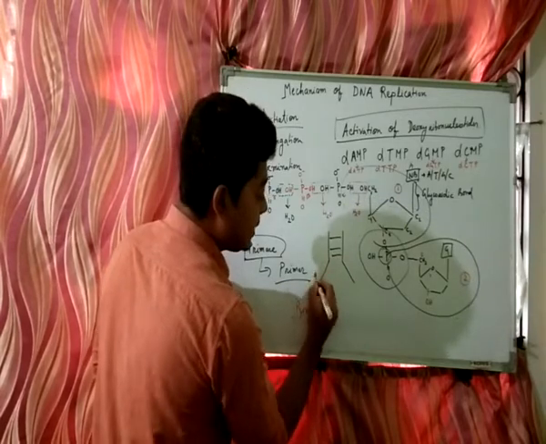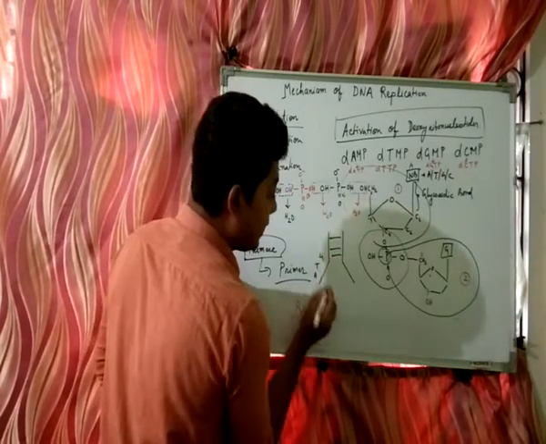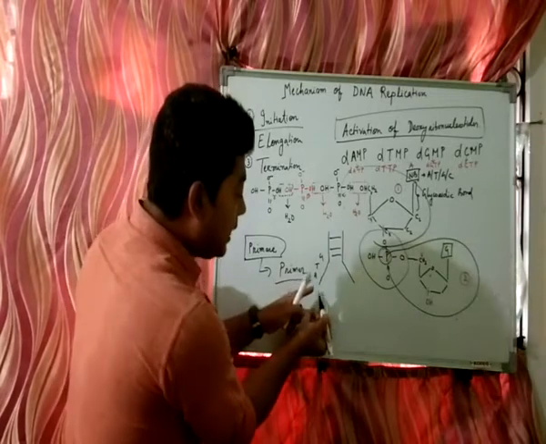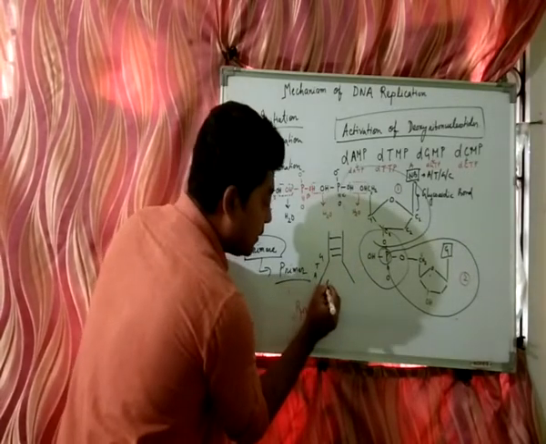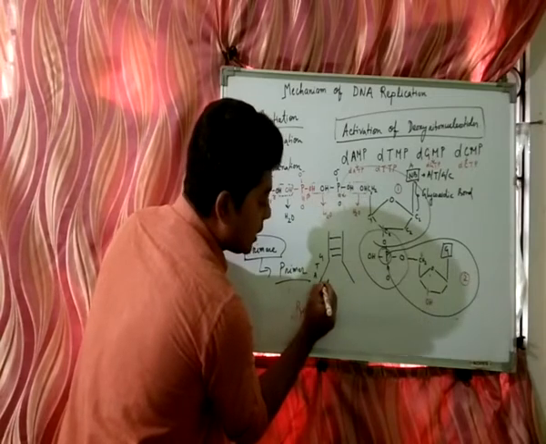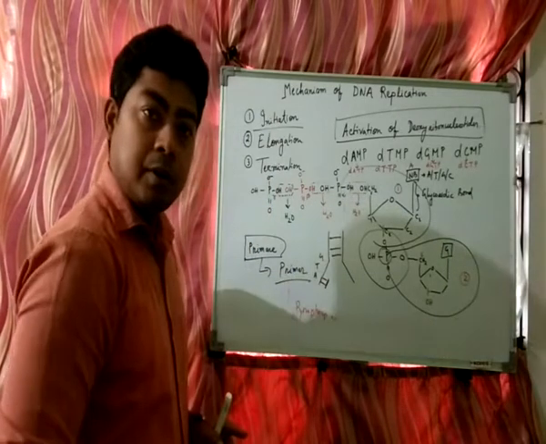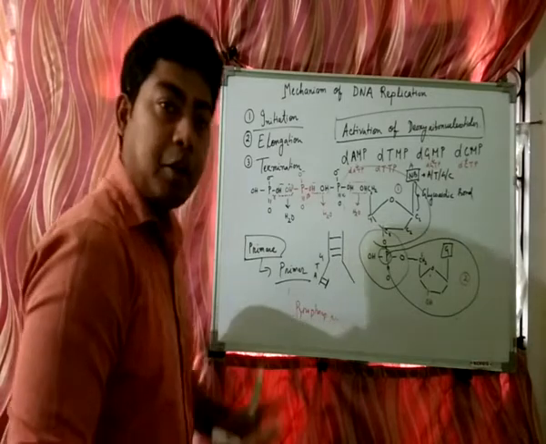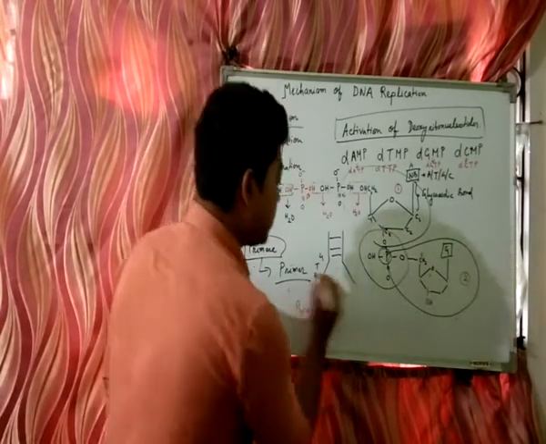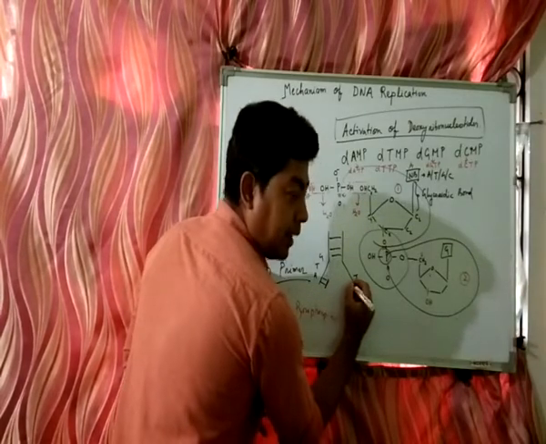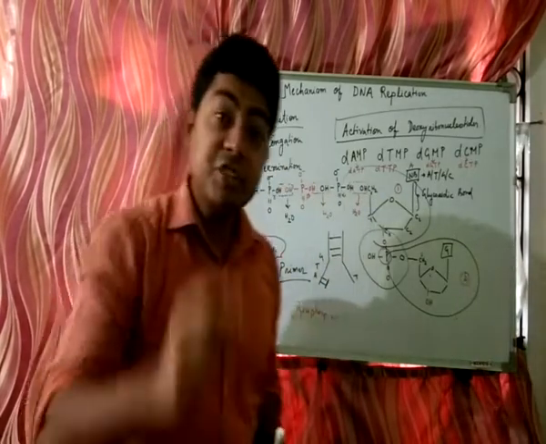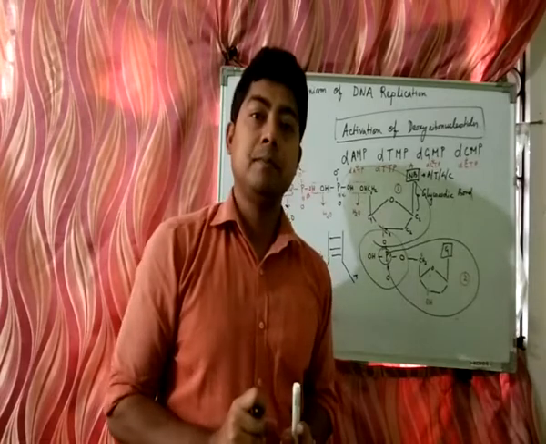Suppose here adenine is there, thymine is there, guanine is there. DNA polymerase is unable to directly add thymine here. So it requires at least a short double-stranded region. Why? Because DNA polymerase cannot directly add adenine here, because DNA polymerase needs the free OH group.